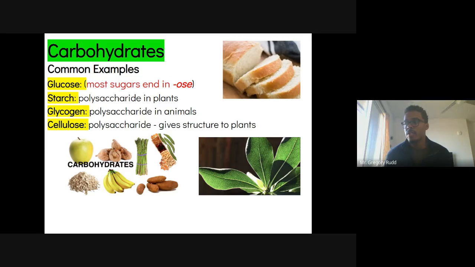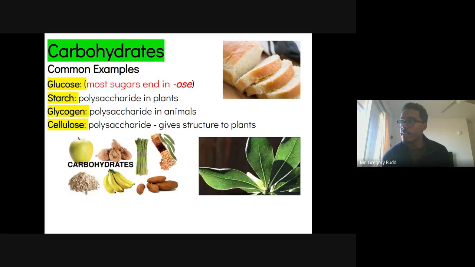Starch is something that appears in most photosynthetic organisms, most plants. Glycogen is a polysaccharide that appears in animals. And cellulose is an important polysaccharide that appears in both plants and in insects, believe it or not. So please do write down the examples.